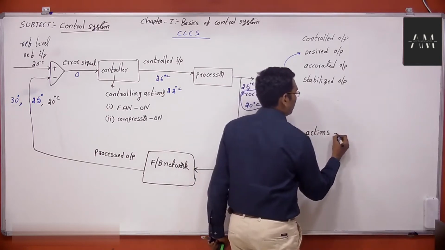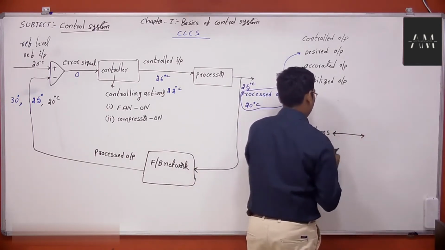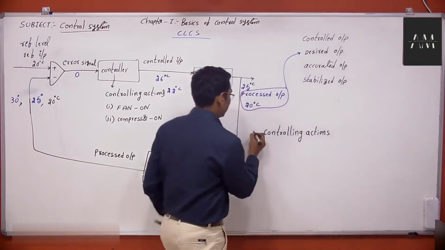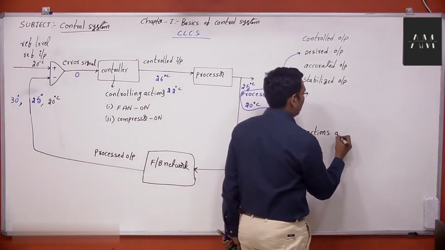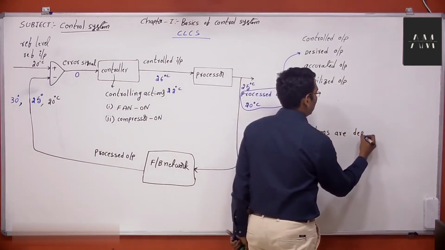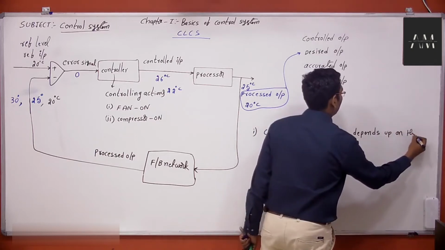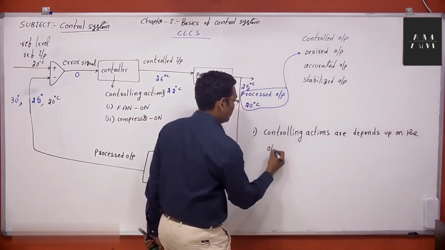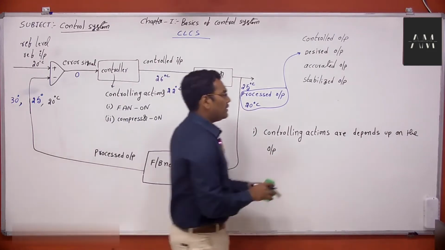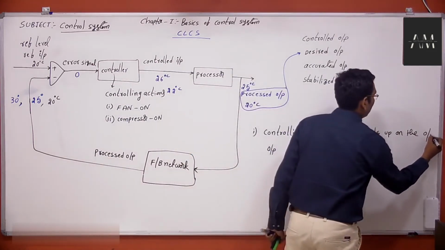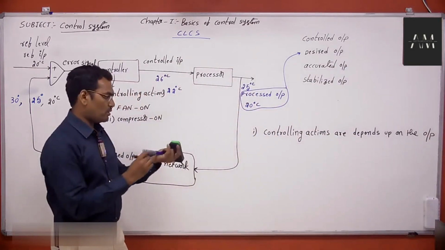are completely dependent upon the output, then that control system is said to be a closed loop control system.